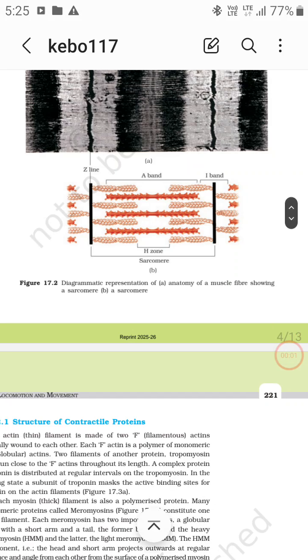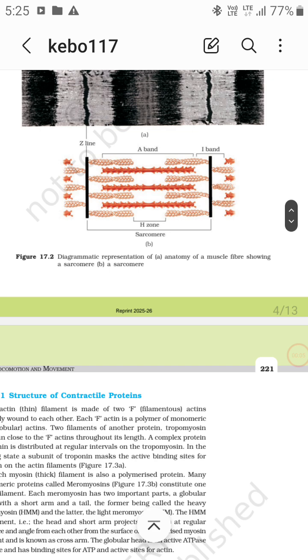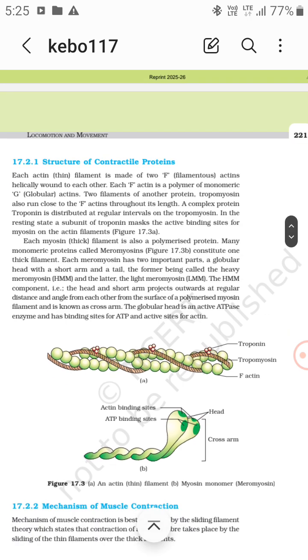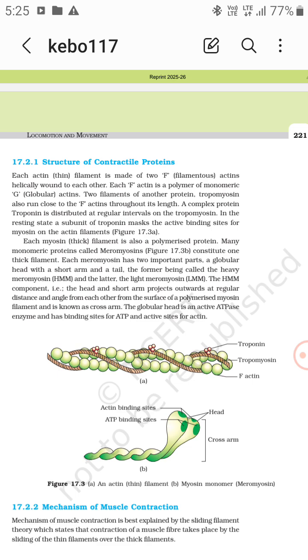Okay, so the diagrammatic representation of anatomy of a muscle fiber showing a sarcomere. Now the structure of contractile proteins, myosin and actin. Actin has two F filaments, and its monomer is globular, and tropomyosin is also double, two filaments.